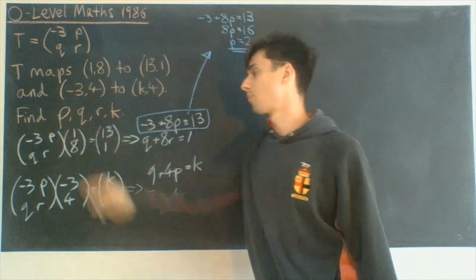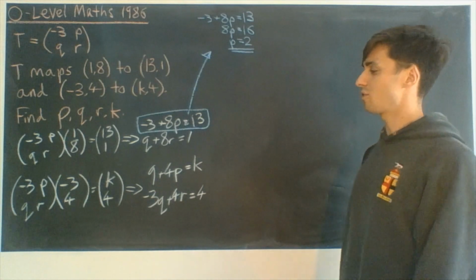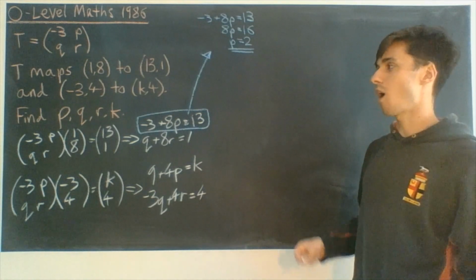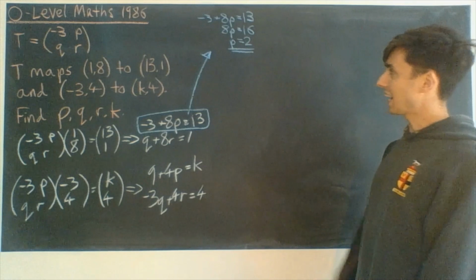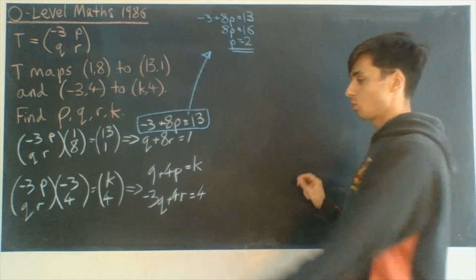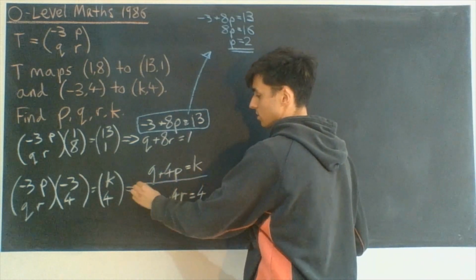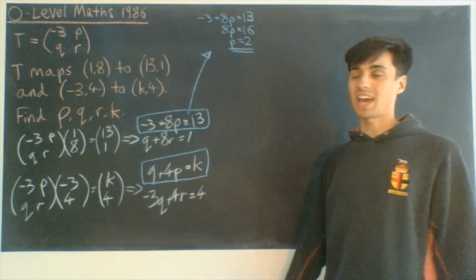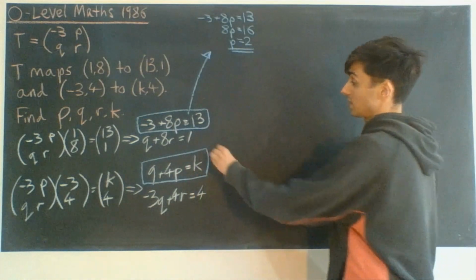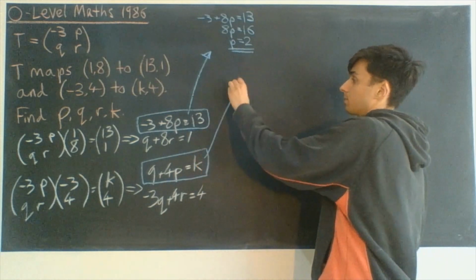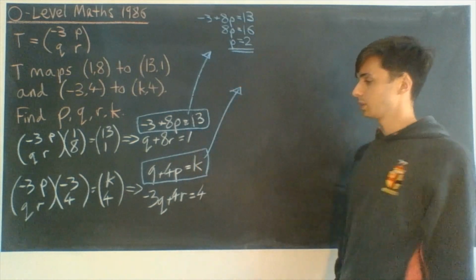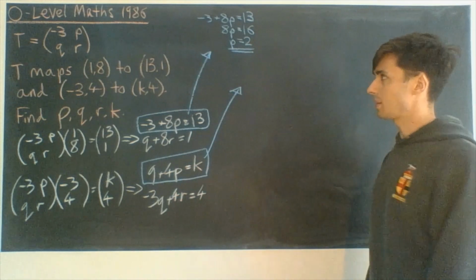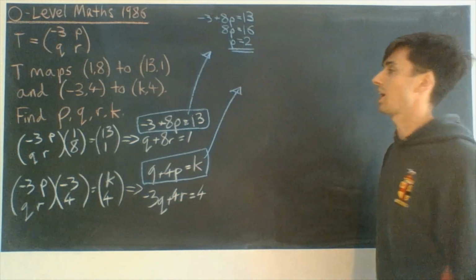We've got P. Well, we need to now find Q or R or K. And actually, if we know what P is, we can go to this equation next, because this only involves P and K, so we can therefore find K. If 9 plus 4P equals K, well, let's put that in there.